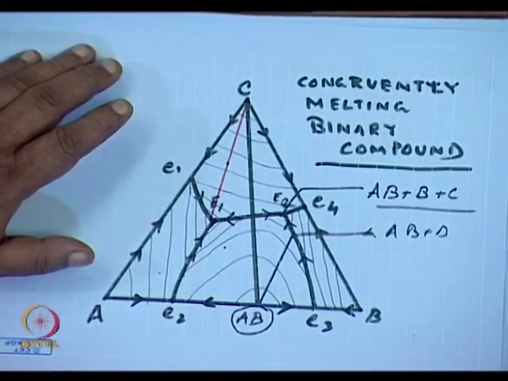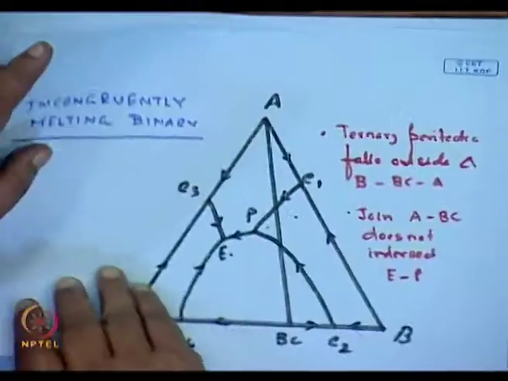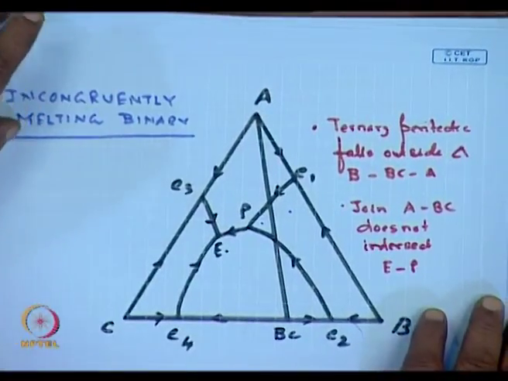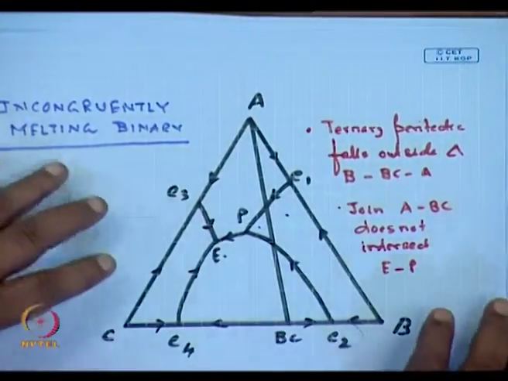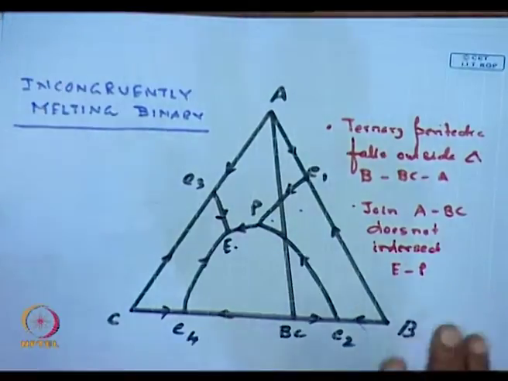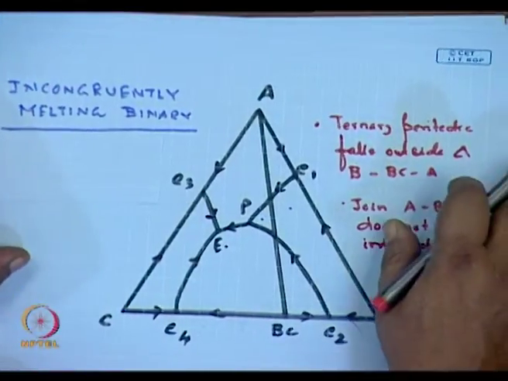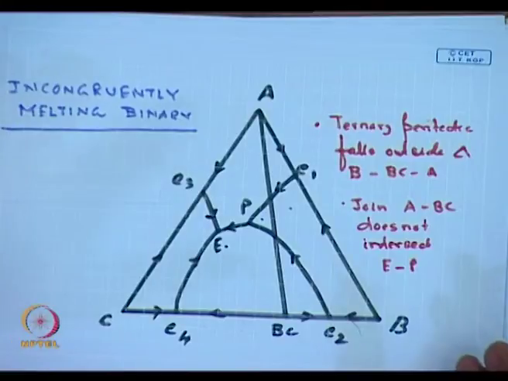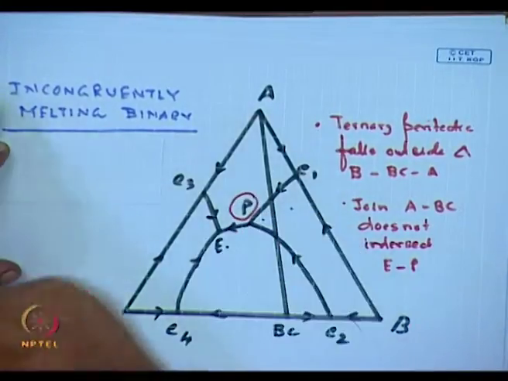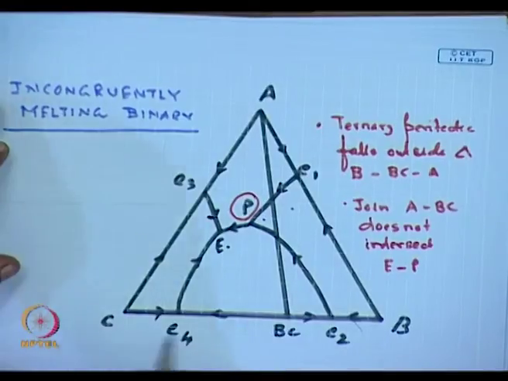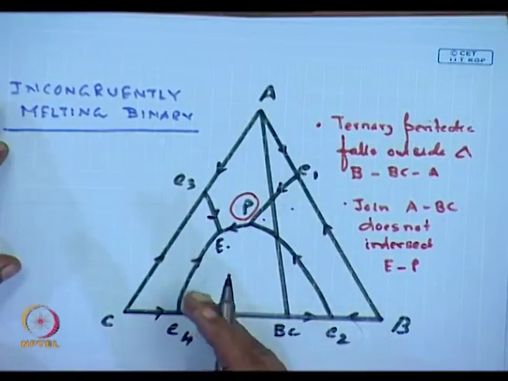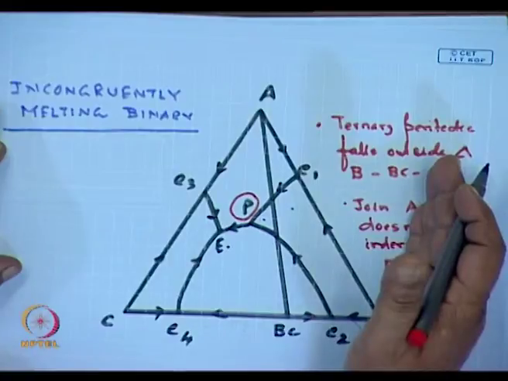There are many other situations which are possible. This is a major problem. I would simply cover it briefly. This is an incongruently melting ternary. Look what has happened. There is a peritectic point, and this peritectic point is outside this.